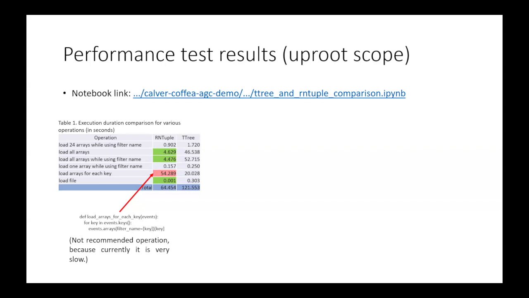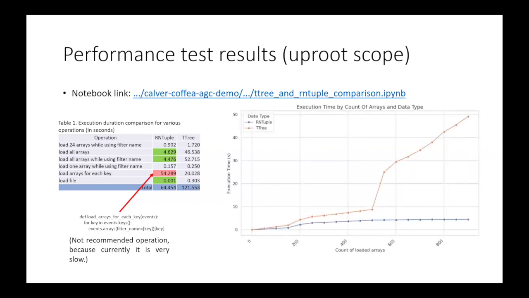Then the data showed one interesting thing, that TTree is much slower when we are loading all arrays, but it is almost the same when loading one array. So I decided to load increasing counts of arrays, and graph the performance.